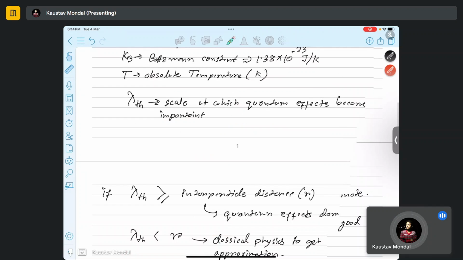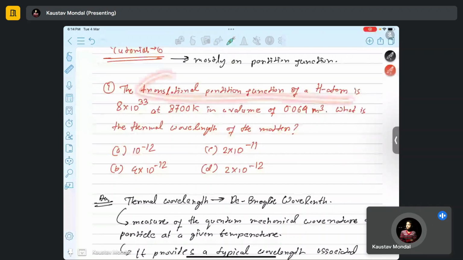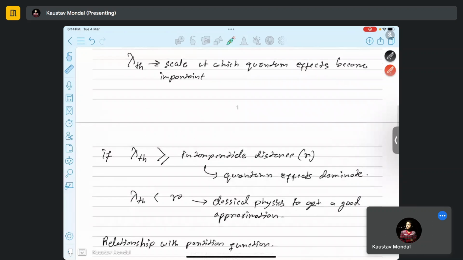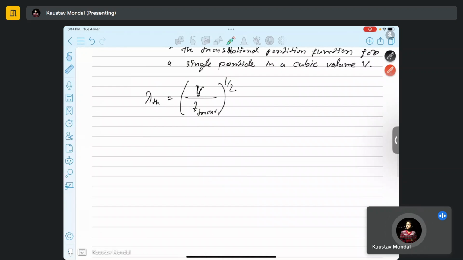So what is the problem? In the problem, the translational partition function of each single atom is given, temperature is given, volume is given, and you have to calculate the lambda thermal. Just substitute all of the things, although we don't need the temperature in this case.